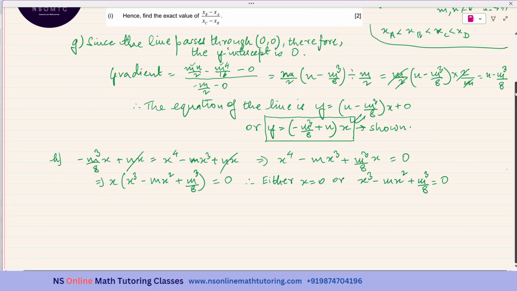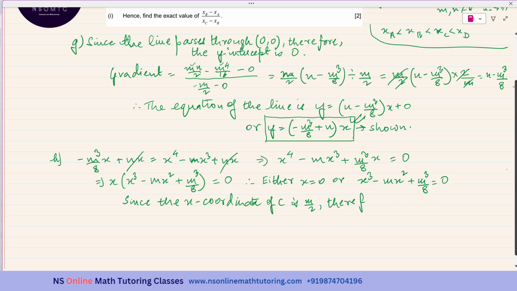So since the x coordinate of C is m over 2, therefore, x minus m over 2 will be a factor.